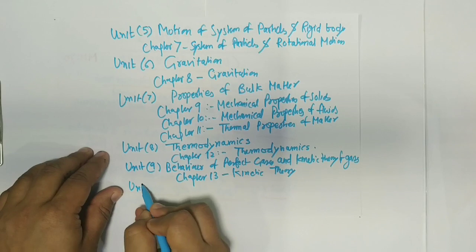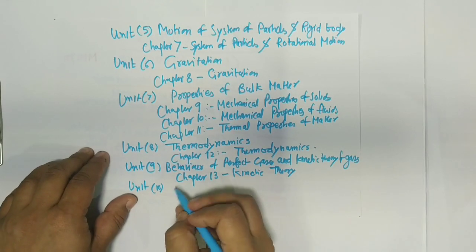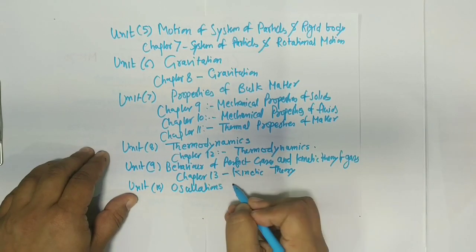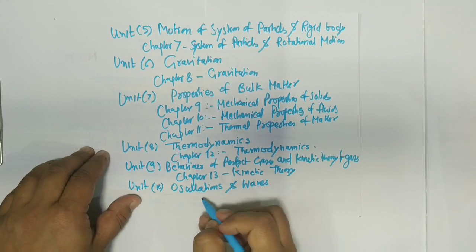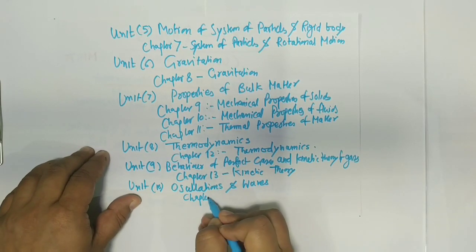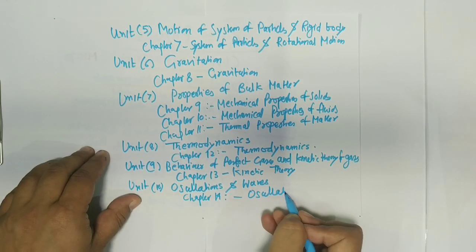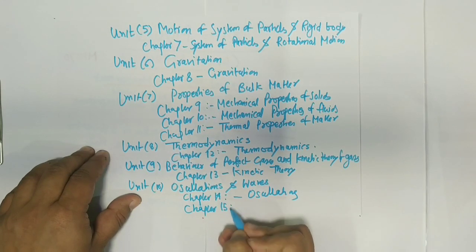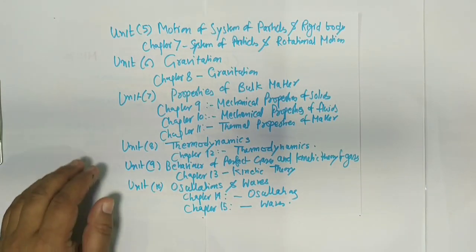And then the last unit, unit 10. Unit 10 is oscillations and waves. Some part of oscillations and waves we have gone through in class 9th. Chapter 14 is oscillations, and chapter 15 is waves. So this is the unit-wise analysis.